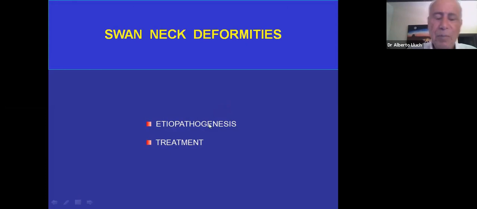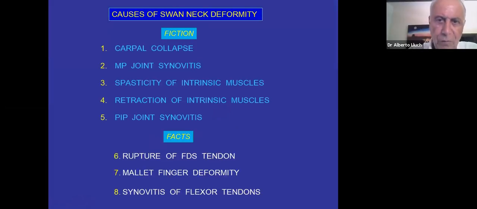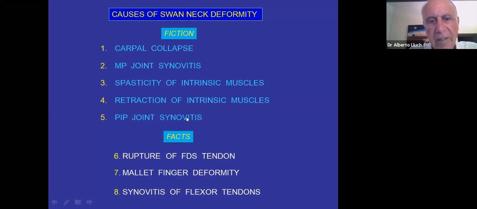Here, regarding the pathogenesis, there are many theories, because it's not very clear. And that's why there are described even 8 causes of swan neck deformity: carpal collapse, MP joint synovitis, spasticity or retraction of intrinsic muscles, PIP joint synovitis. All these are fiction, and we'll discuss them now, and we'll try to convince you.